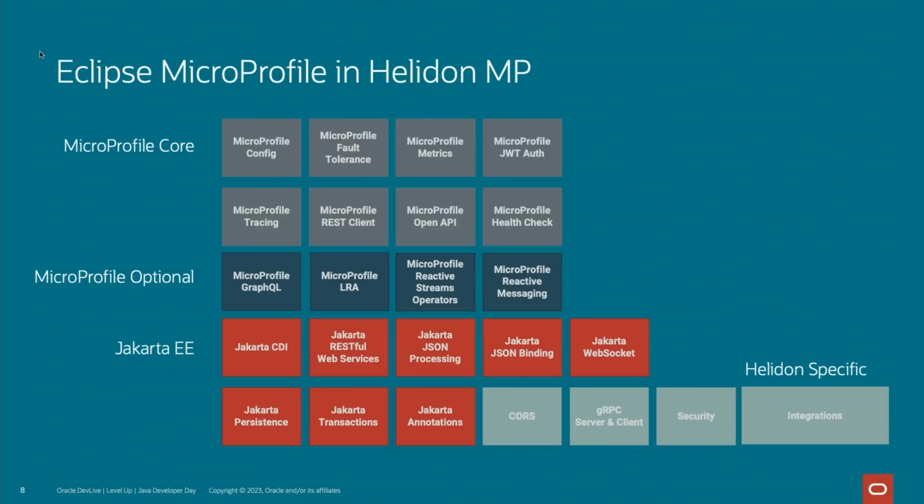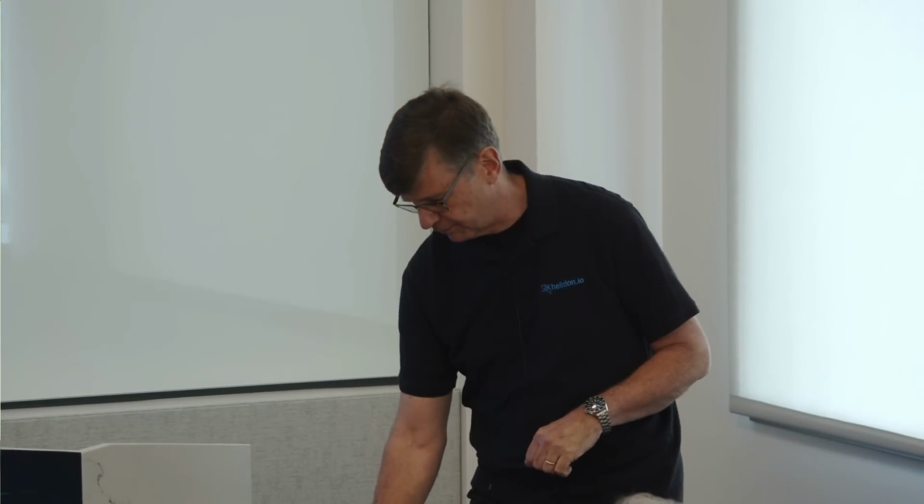And then in the middle are some of the optional MicroProfile APIs, LRA, reactive messaging, reactive stream operators. Again, these are all standards to one extent or another that we support in Helidon. And then we have a few Helidon-specific additions beyond what is defined in MicroProfile.